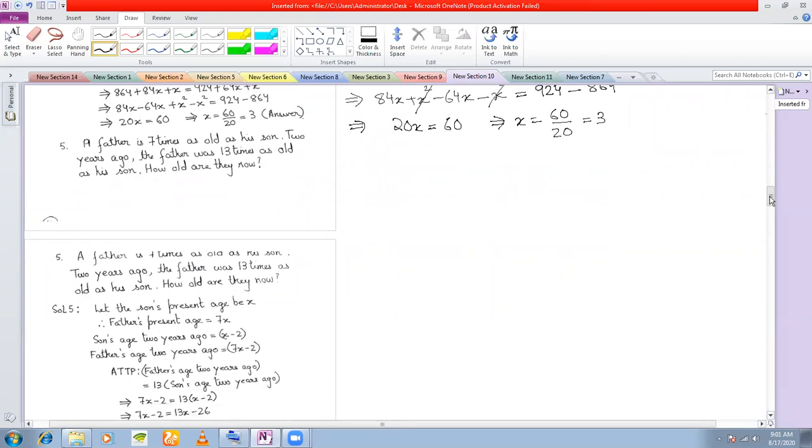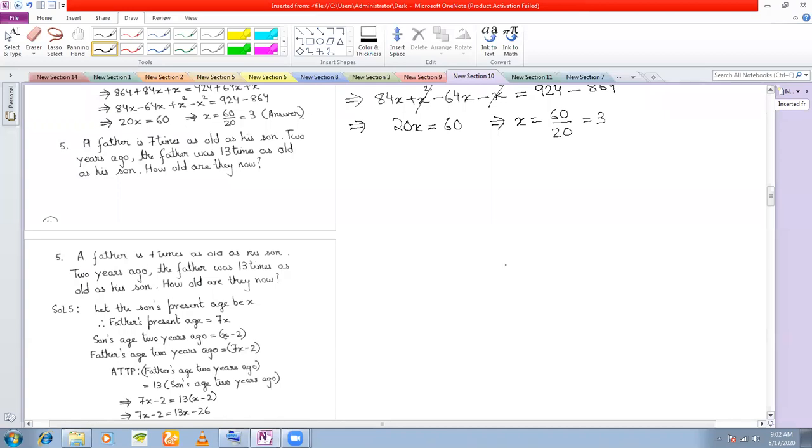Let's see the next question. A father is... I think I've copied the question twice here, but anyway. Now, age problems are very important. Number problems like this proportion problem are important. The number and fraction problems that I have done earlier, those types of problems are very important. In fact, whatever problems I have done here, except for two or three which I will tell you, are very important.